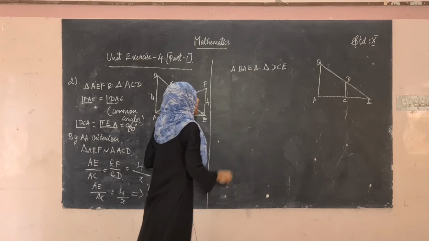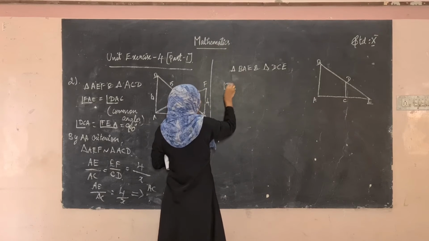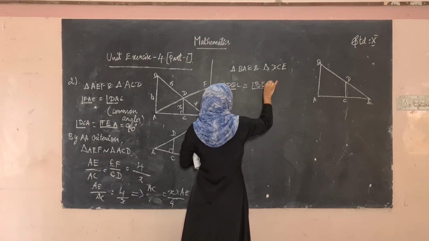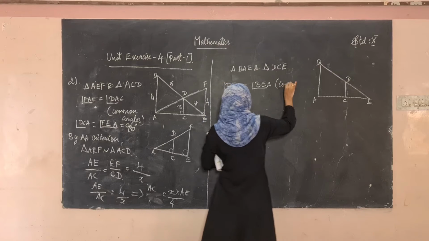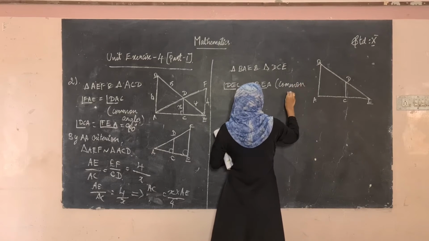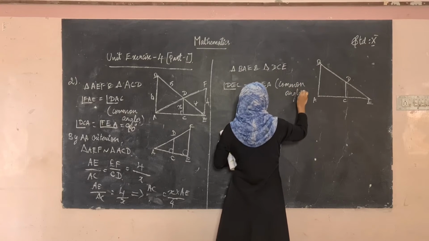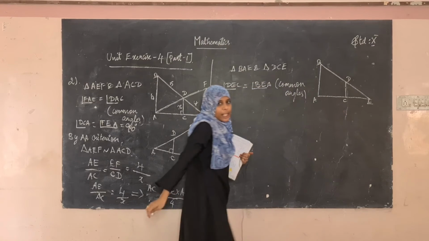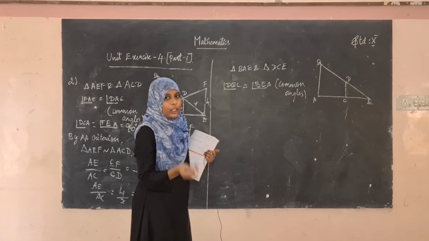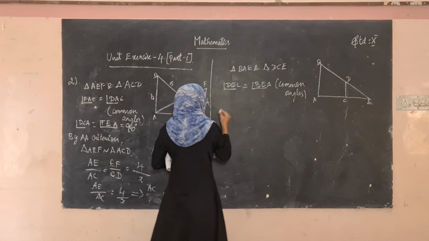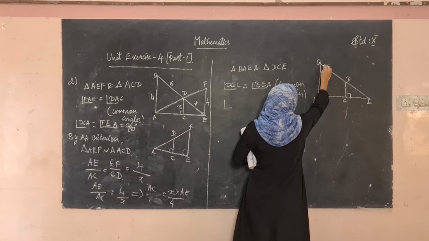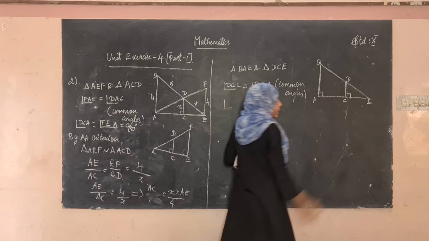In these triangles, angle DEC is equal to angle BEA, common angle, because angle E is common for both the triangles. And again, this is 90 degree and this is 90 degree because these two lines are parallel lines.